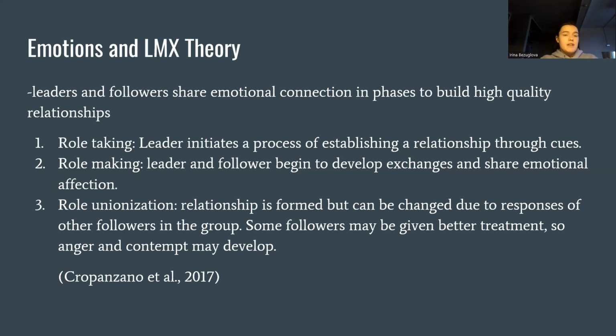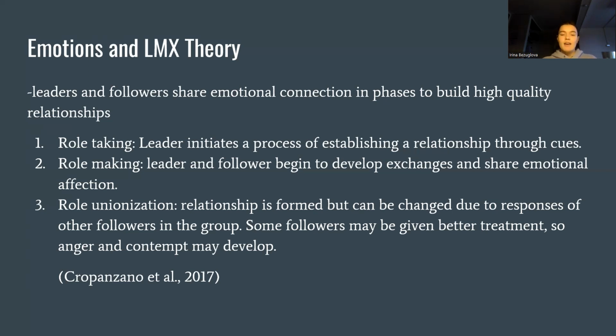And then role unionization happens when a relationship is formed and has been tested through time, but can also be changed due to the responses of other followers in the group. So some followers may be given better treatment, so anger and contempt may develop.